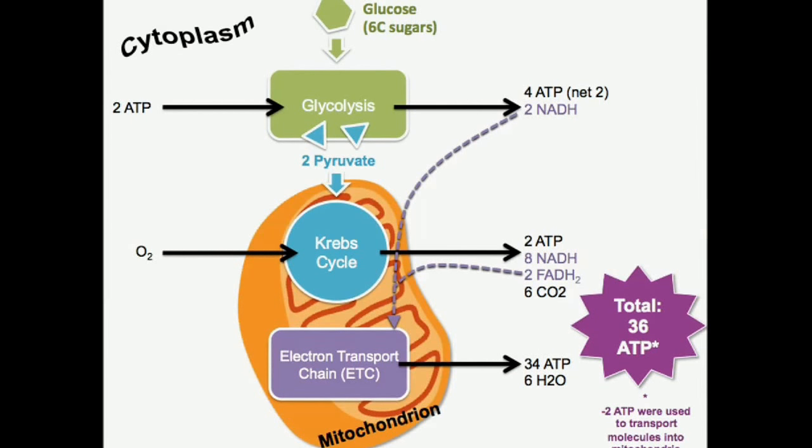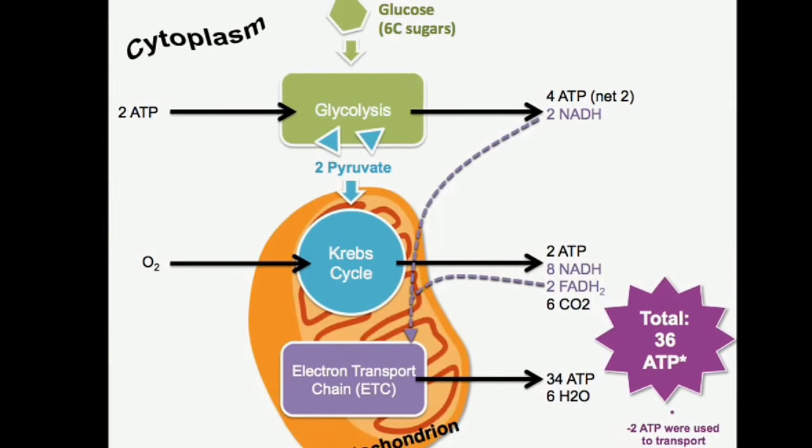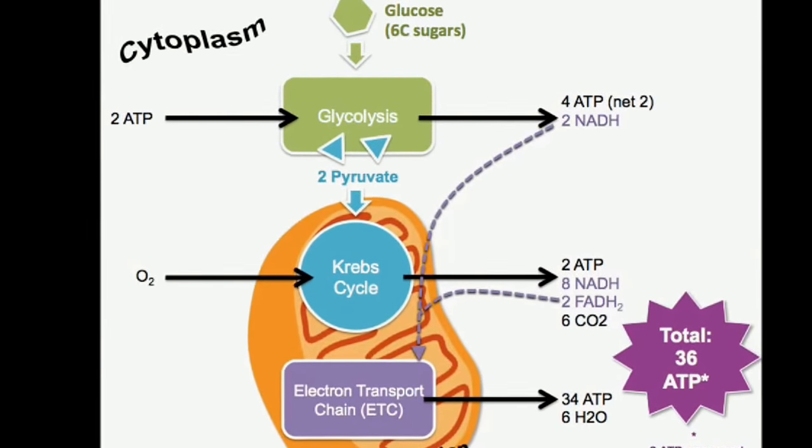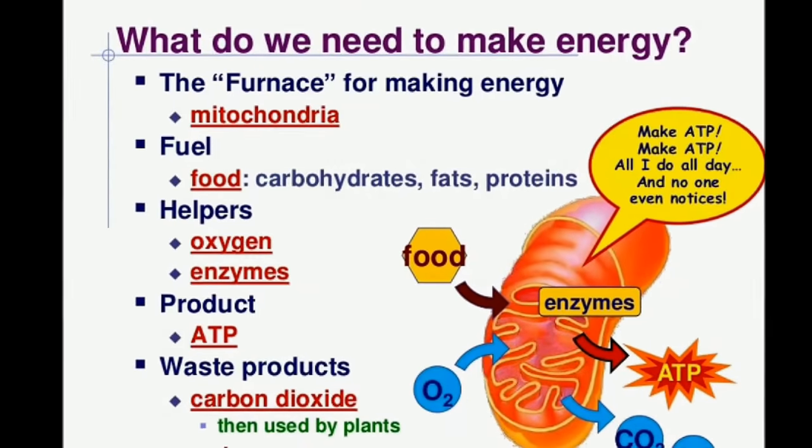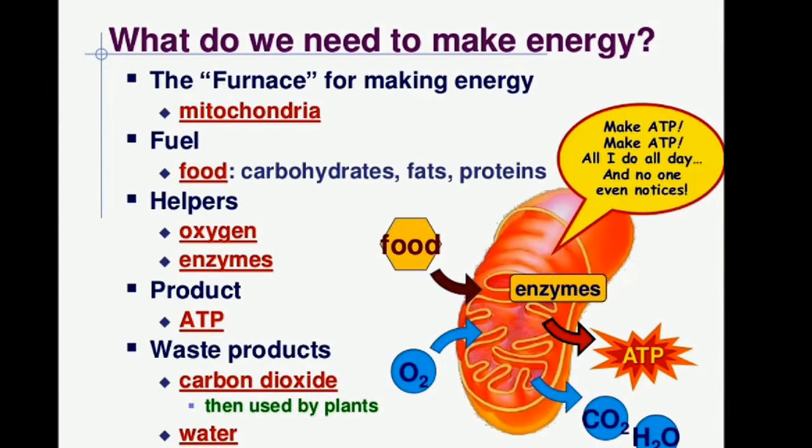And in that process, glucose is not directly broken down into carbon dioxide. So it is a multi-step process. In the first step, glucose, the 6-carbon compound, breaks down into pyruvic acid molecules, which have 3 carbons. 2 pyruvates are formed. This process is called glycolysis.